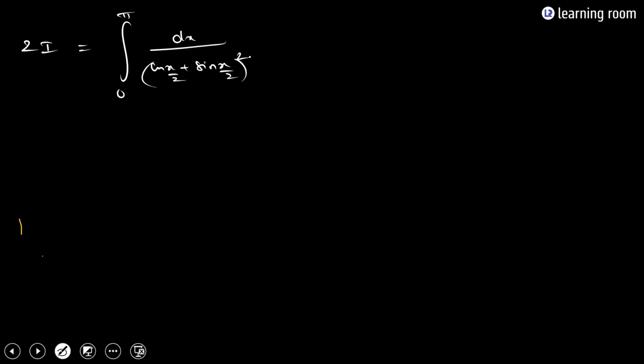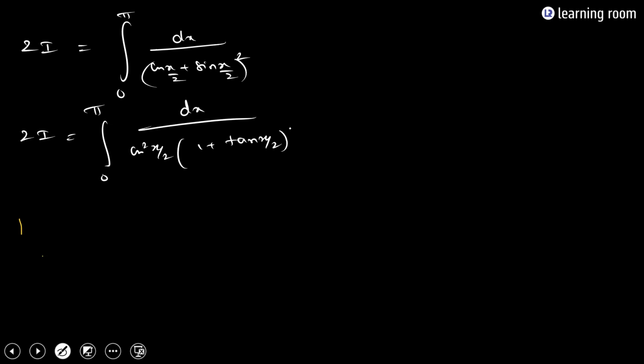So shall I take the cos x outside or cos x by 2 outside? So it becomes 2I is equal to integral of 0 to pi dx divided by cos square x by 2 into 1 plus tan x by 2 the whole square. See, when I take this cos x by 2 outside, it comes as cos square x by 2.